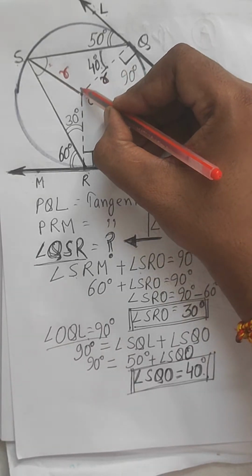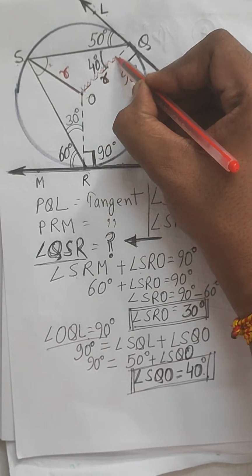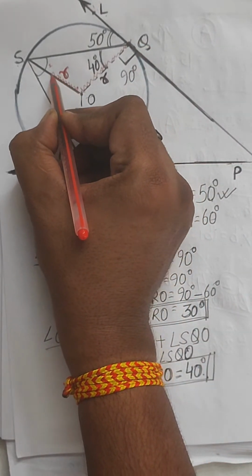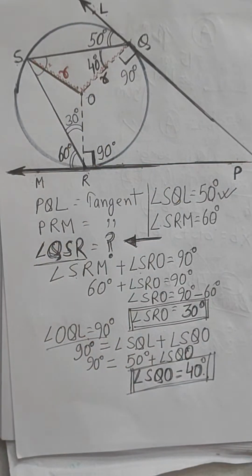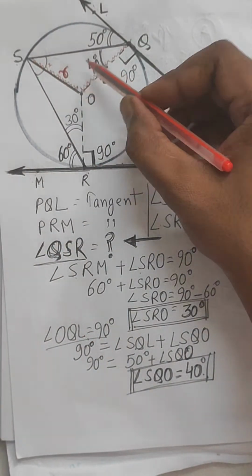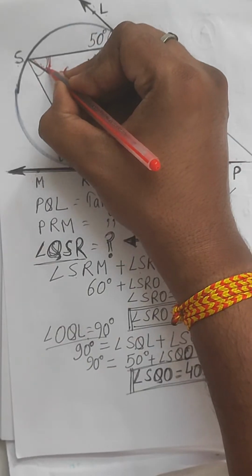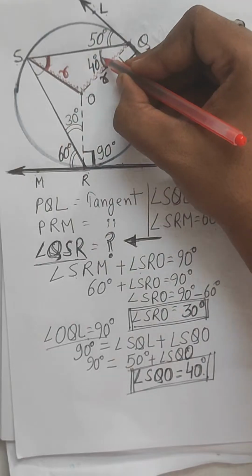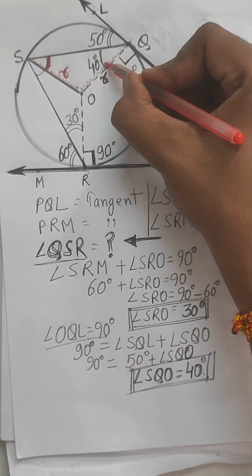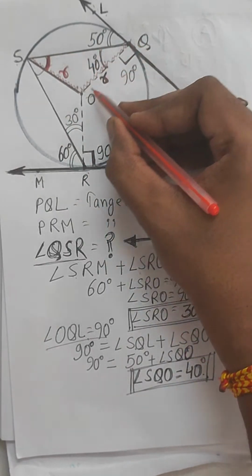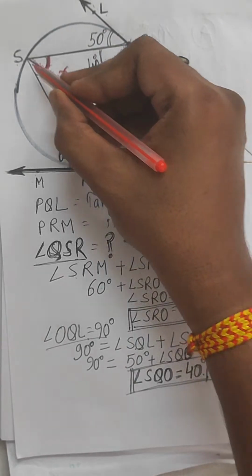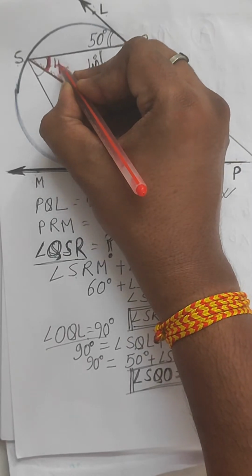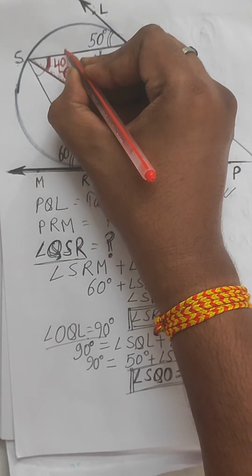This is R, the radius, and this is also R. So if angle SQO is 40, then angle OSQ will also be equal to how much? Tell me, students. 40, right?